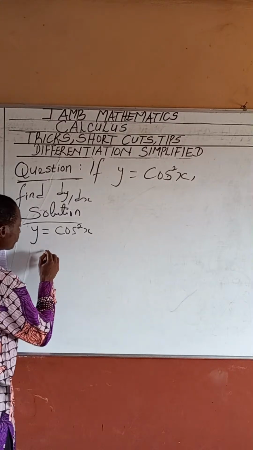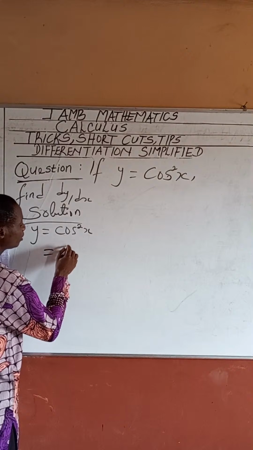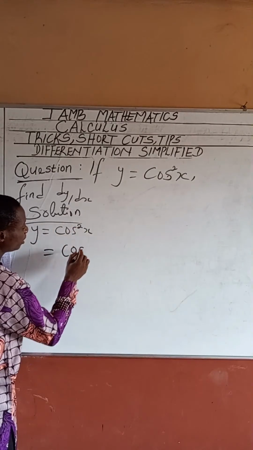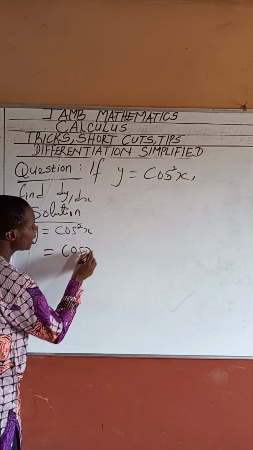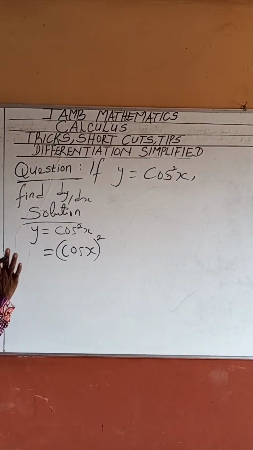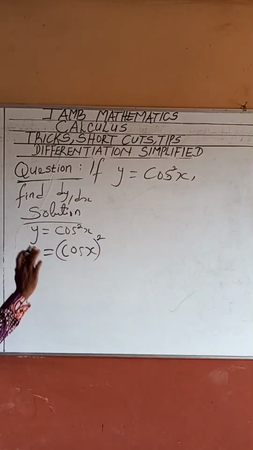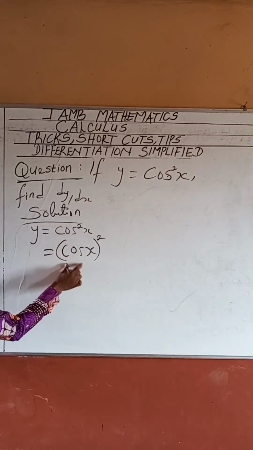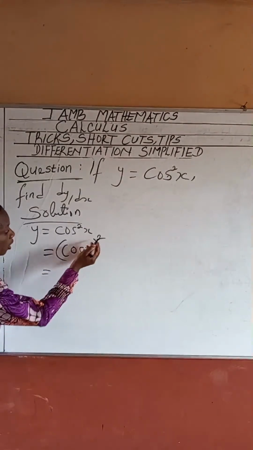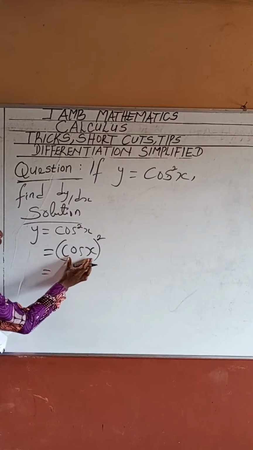Look at this method. This one is the same as cos x, then raised to power 2. This is another method. But in JAMB, I'll just use the shortcut, bypass this one, but I'm showing you this and this are the same. So solve this one inside first. Cos to sine, what's going to be?